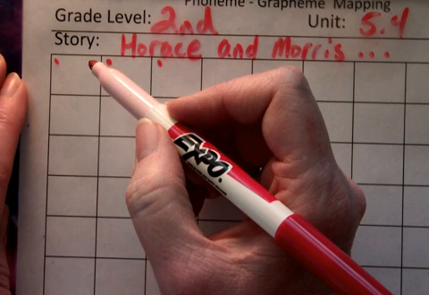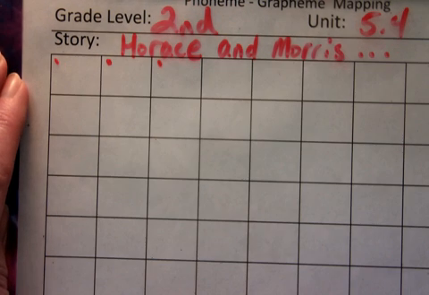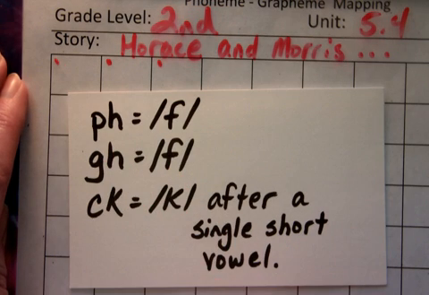F-O-N. The first sound is, well, if you take a look at it, let's look at this card. There's two different spellings on this card for the F sound, and then you could also spell it with just the letter F. So how do we know which one to use? That's where using your eyes is going to come into play.